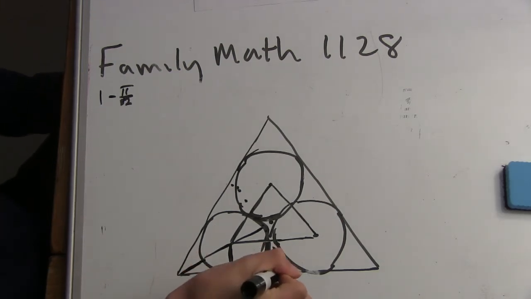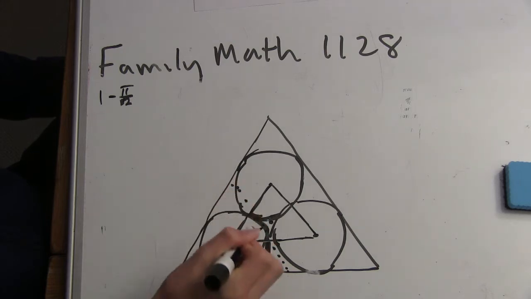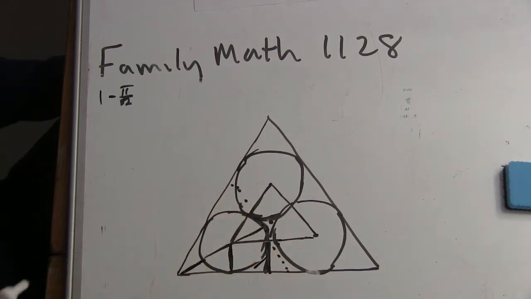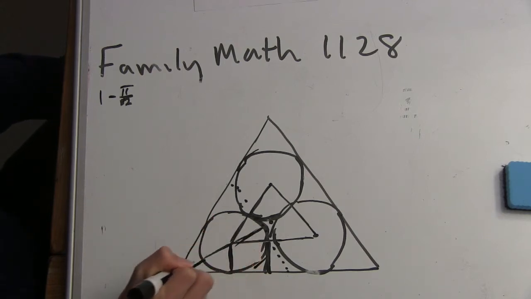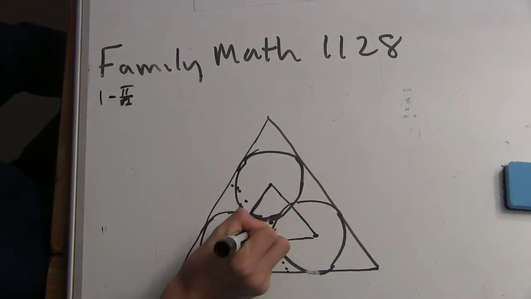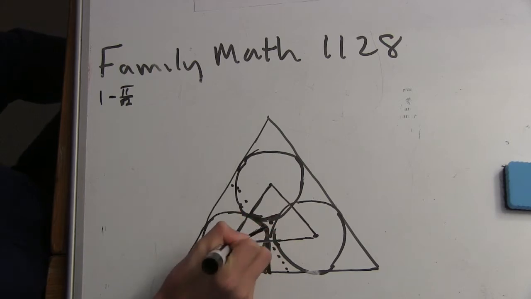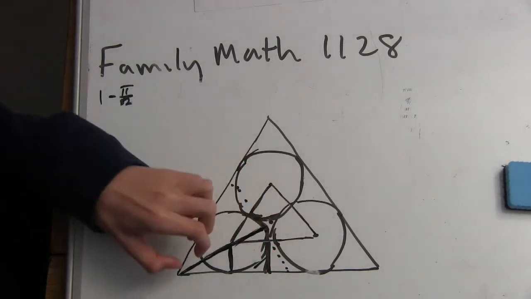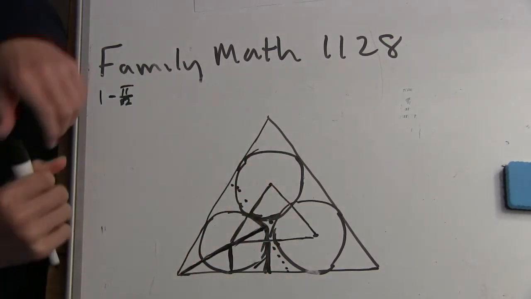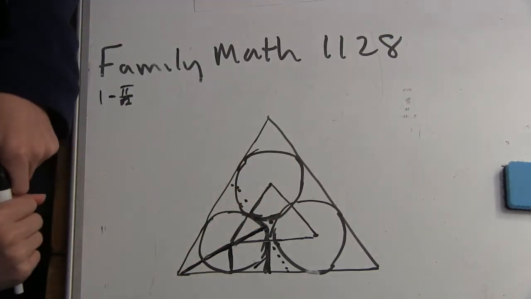Because this equilateral triangle has this circle as its inscribed circle. So then, with the same principle, you would have the radius as being 1/3 of this distance here.